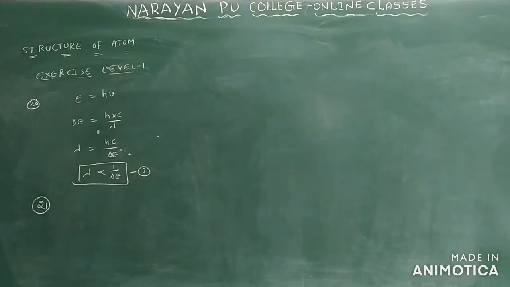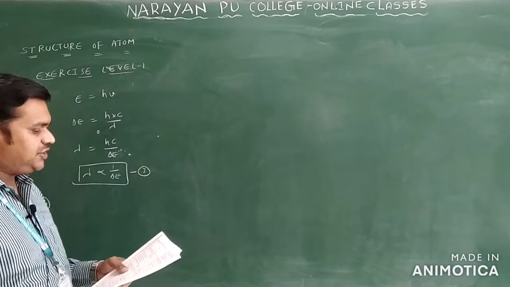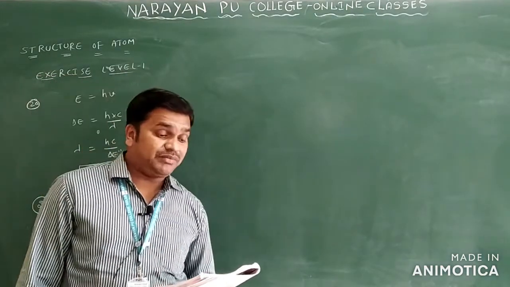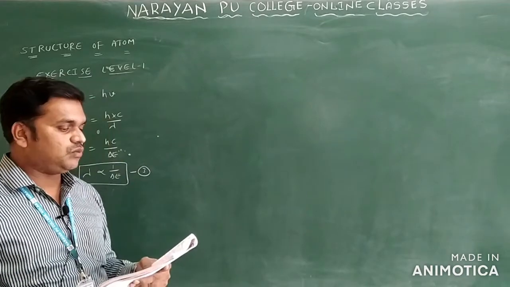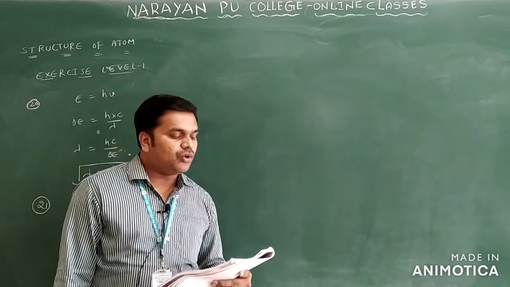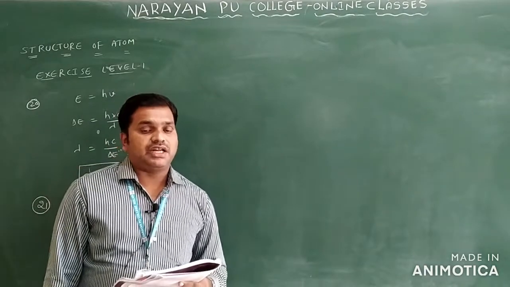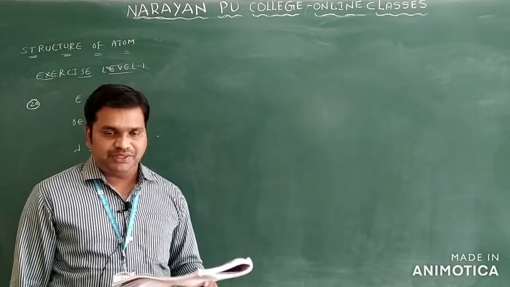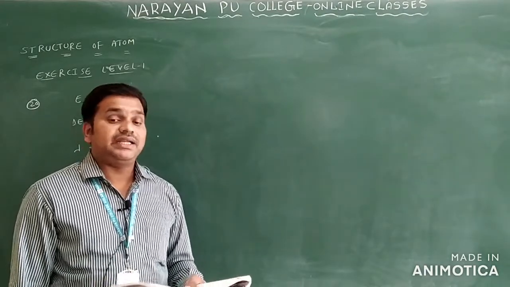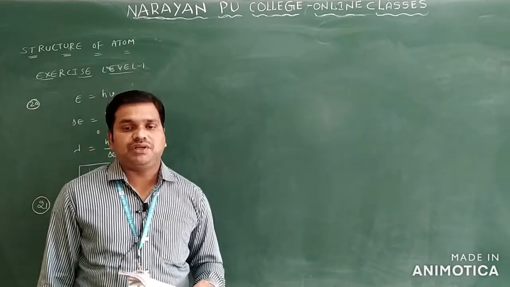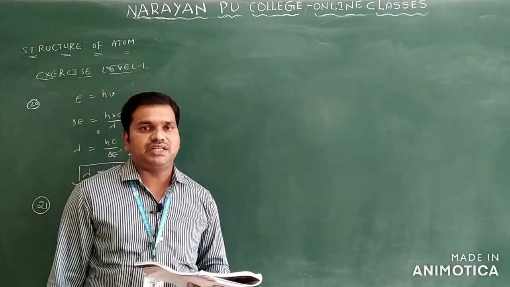Now we can see the next question, question number 21. The time taken for an electron to complete one revolution in the Bohr orbit of a hydrogen atom. So we have to compare revolutions per second (RPS) and the time taken for one revolution.